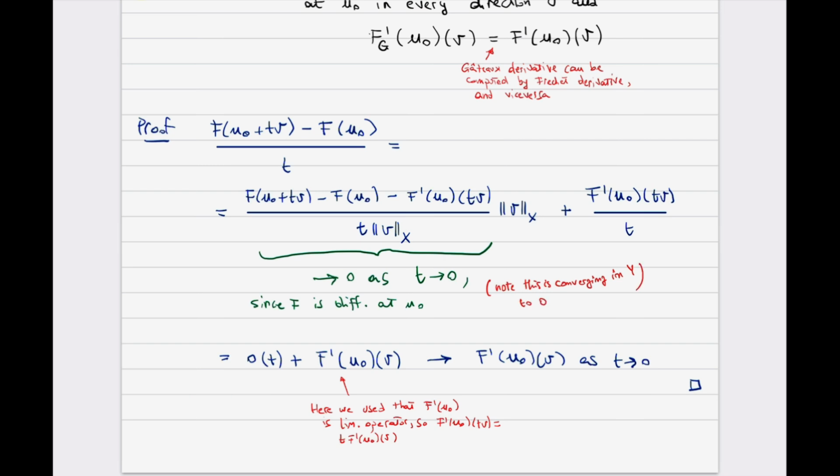And this is because of the definition of the Frechet derivative. And so we're left just with the second term here, and using that the operator f prime of u0 is linear, we can just cancel this t. And so we're left with the limit f prime of u0 evaluated at v, showing that the Gateaux derivative coincides with the Frechet derivative.